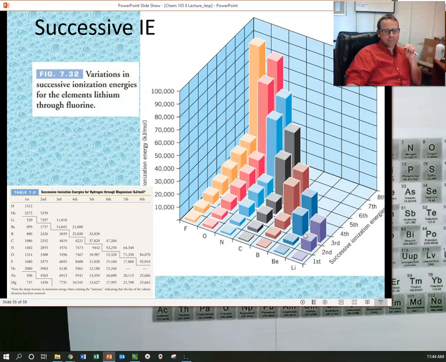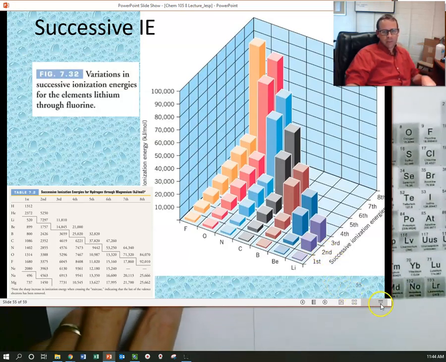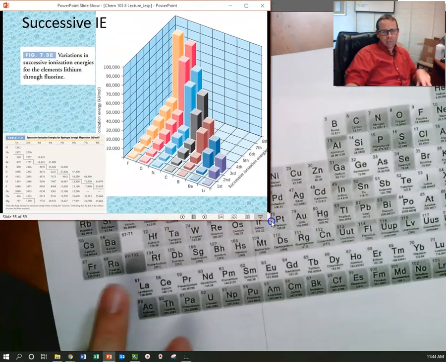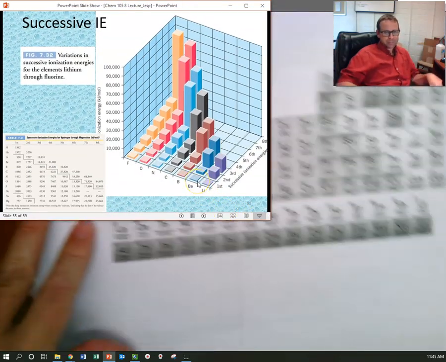Any ideas? Is it because those are the numbers where it almost hits like a noble gas? That's right. It goes into its noble gas core. So, for example, if I write the electron configuration for beryllium, all right?